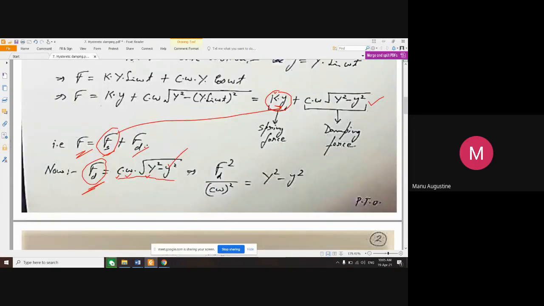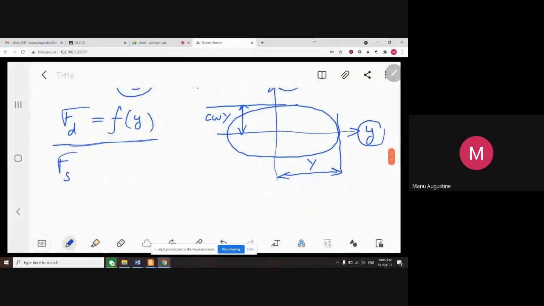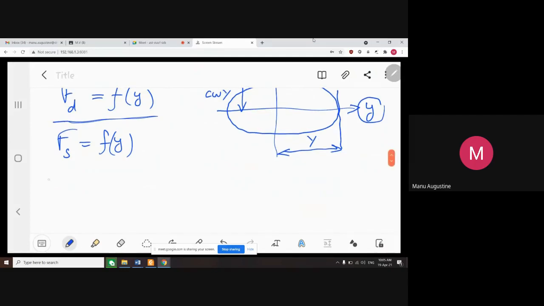Just as in the case of damping force, the spring force is also a function of y. So I can plot a graph between Fs and y. Now I see that Fs is simply given by constant K into y. Now this is the equation of a straight line.